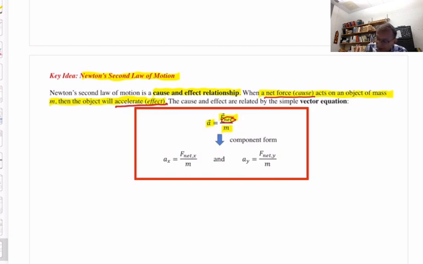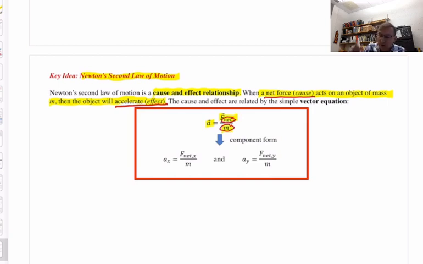And the acceleration is inversely proportional to the particle's mass. So if I apply a given net force to a 747 and the same net force to a pencil, the object with the bigger mass will have the smaller acceleration. In this case, the 747 will have the bigger mass, and so it will have the smaller acceleration.